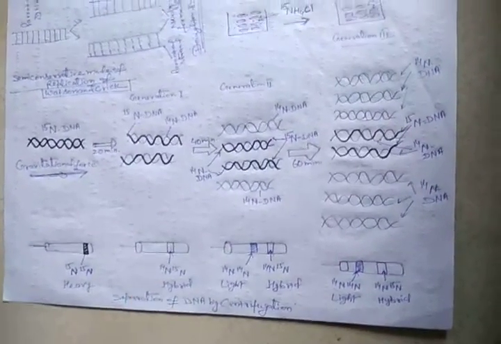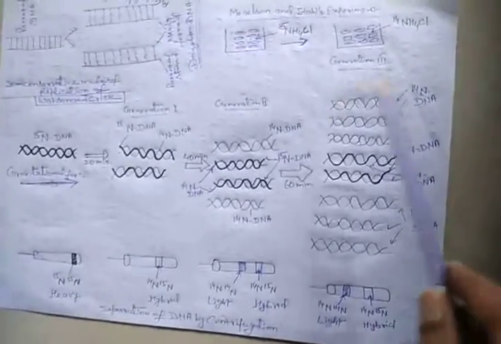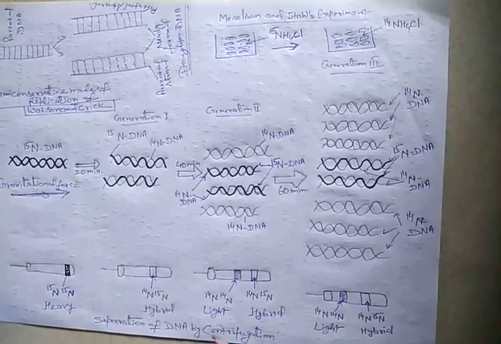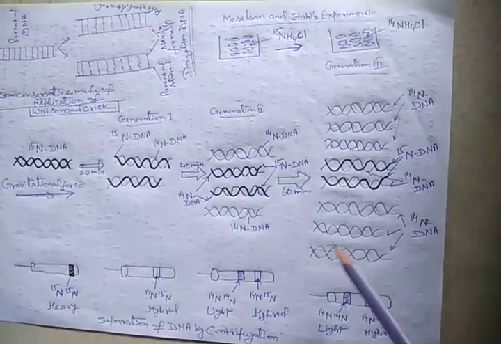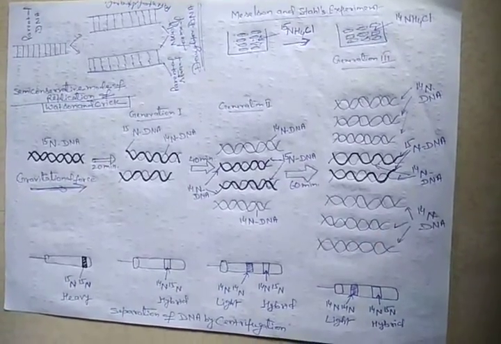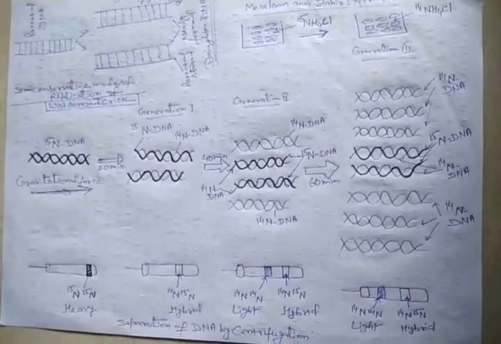Again after the fourth generation, that is after 80 minutes, Meselson and Stahl extracted the DNA from the bacteria of the fourth generation and centrifuged it.